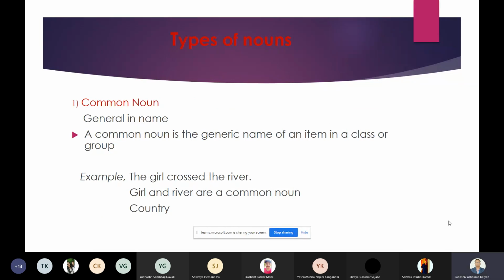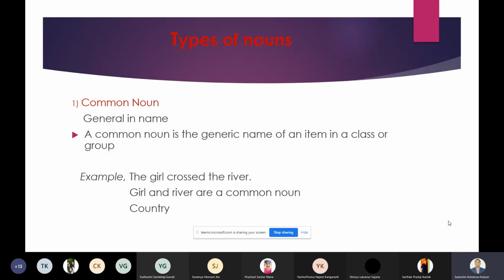Common noun is a general name suggested for any one of a class or group. Okay, a group of children. Here I have given one example, country. The girl crossed the river. In this example, the girl and the river are considered common nouns.